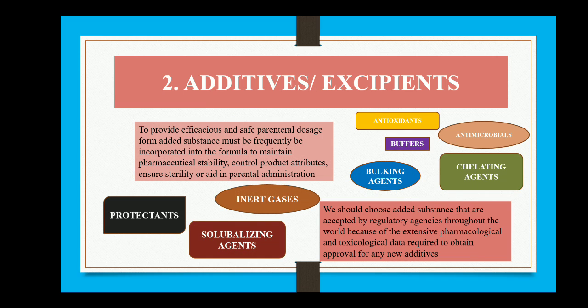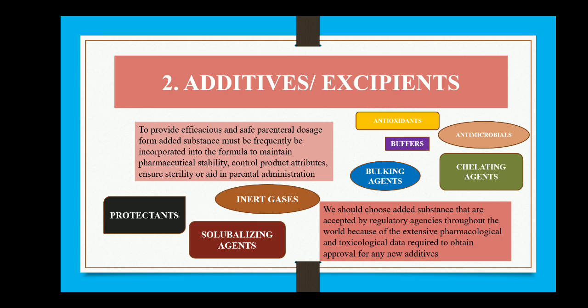Moving on to the next part, that is different additives or excipients used in the preparation of parenteral products. To provide an efficacious and safe parenteral dosage form, added substances must frequently be incorporated into the formula to maintain pharmaceutical stability, control product attributes, ensure sterility or aid in parenteral administration.